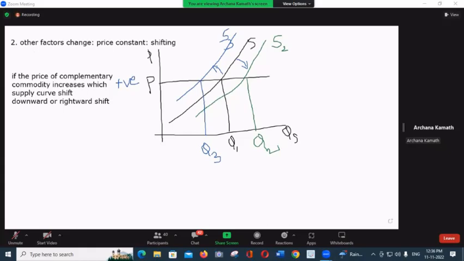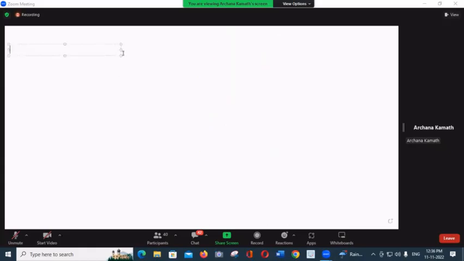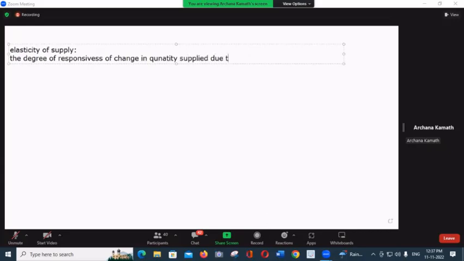Last part of supply is your elasticity of supply. Same concept. It is the responsiveness of change in quantity to change in price of the commodity.